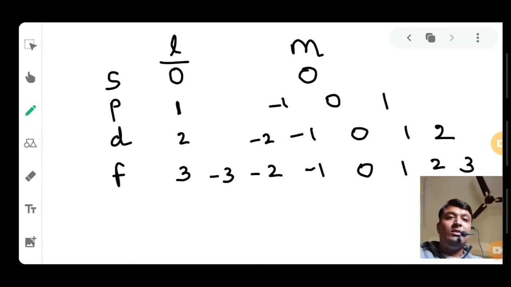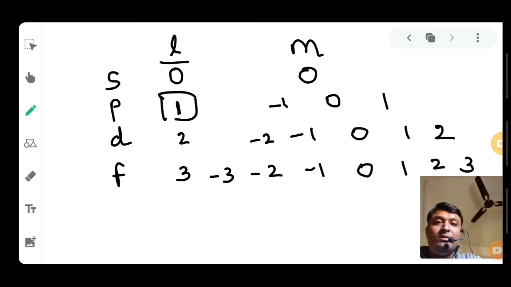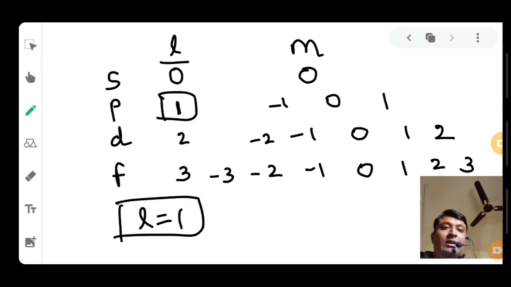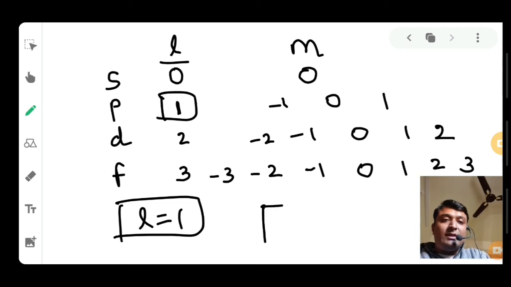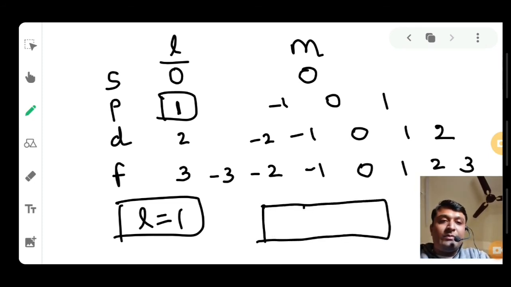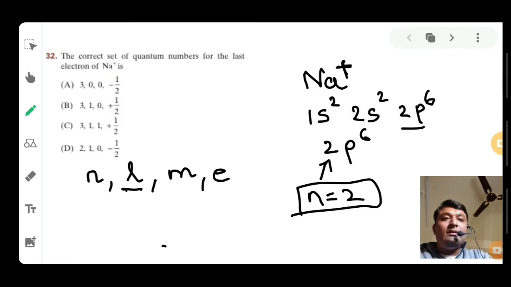Okay, so in our case, the value of l will be equal to 1. And for 2p6, if I am drawing the orbitals and electrons in it, p has 3 orbitals in it, and in Na+ ion there are 6 electrons.